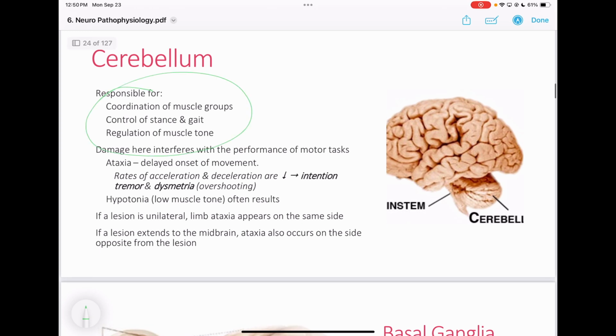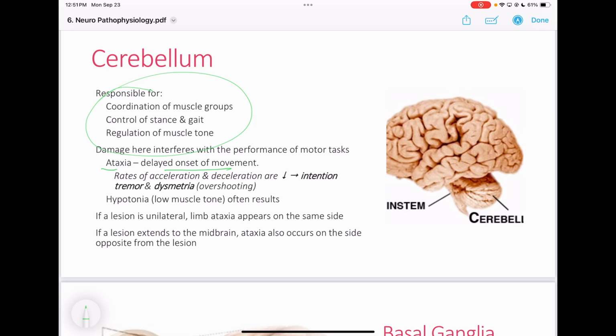Cerebellum: coordination of movement, stance and gait, regulation of muscle tone. That's why you'll start seeing issues with movement and how they show up then. Ataxia is a delayed onset of movement. People with Parkinson's can't control their acceleration or deceleration, so they're always going forward and then kind of shuffling and then trying to shuffle forward and stop, slow down.